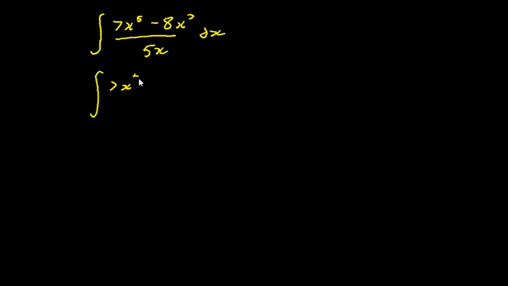The second one says calculate the antiderivative of 7x to the 5, take 8x, over 5x dx. First thing, like finding derivatives, sometimes it's easier to split up the fraction and make the equation simple before we find the antiderivative of it.